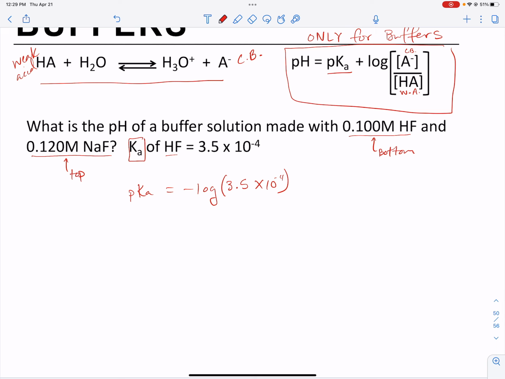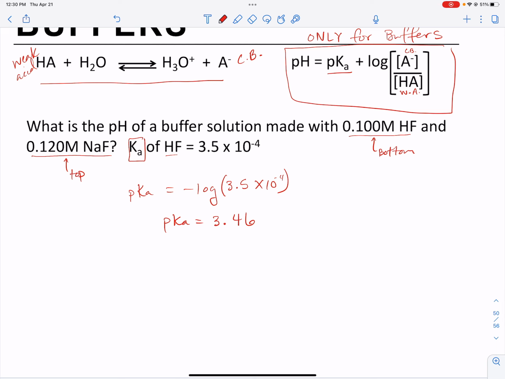Negative log of 3.5 times 10 to the negative 4, you should get that pKa equals 3.4, if you actually round, it's 3.46. I think in class today, a lot of people are saying 3.45, but technically rounding should be 3.46, okay?